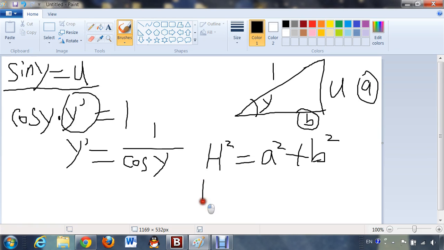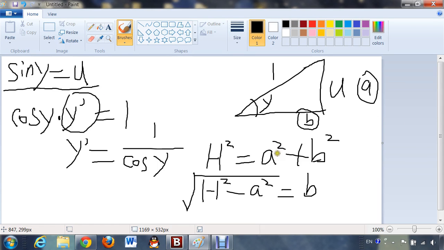We're just moving things around. This will be h squared minus a squared equals b squared, and then we take the square root to get b. Now just plug in the numbers.